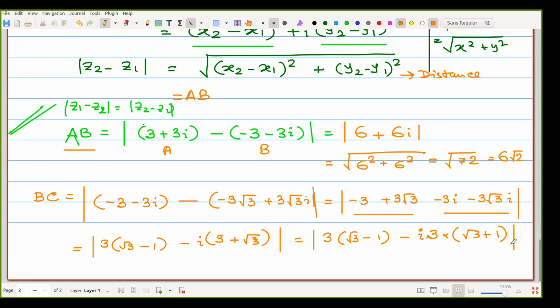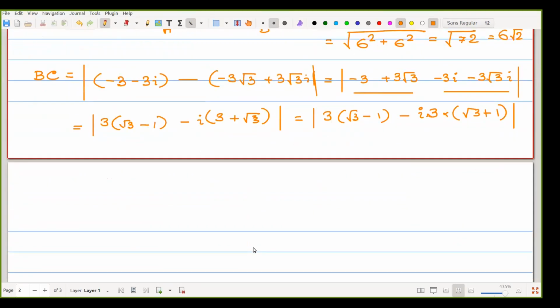So that is our derived complex number. So we can find the modulus now.